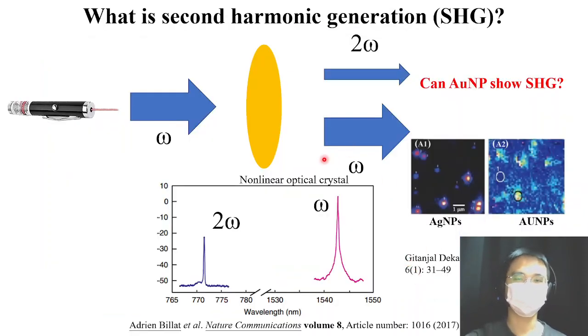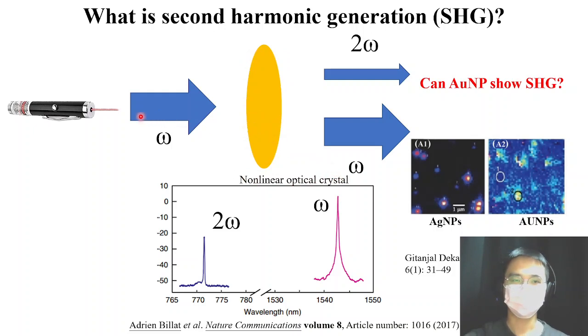For my topic, I want to explain what second harmonic generation is. It is when I have a laser with frequency omega going into the nonlinear optics of a crystal.